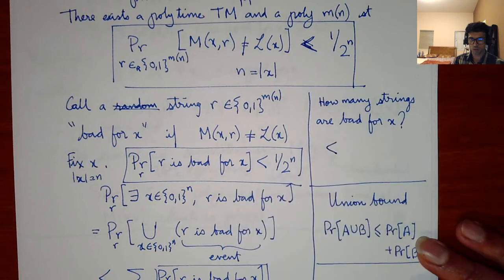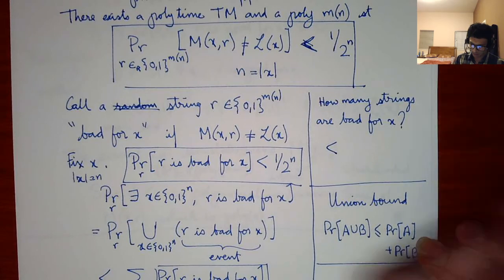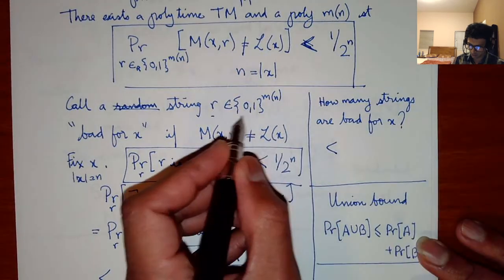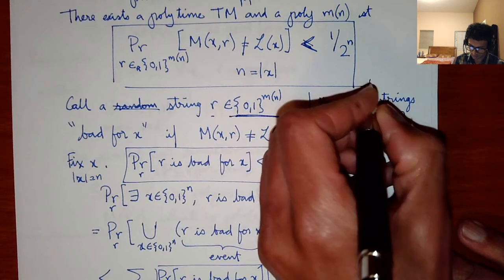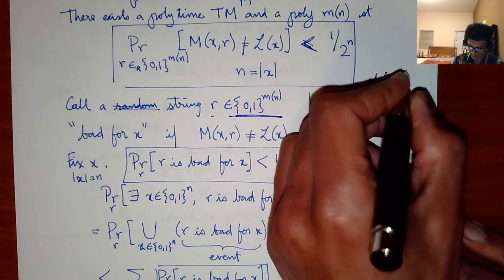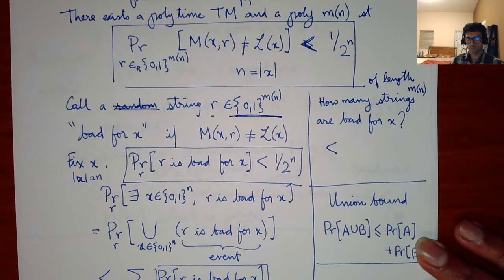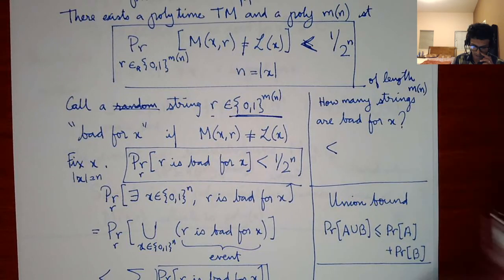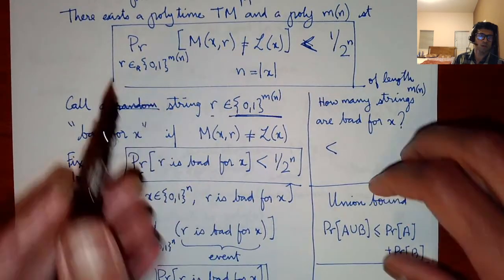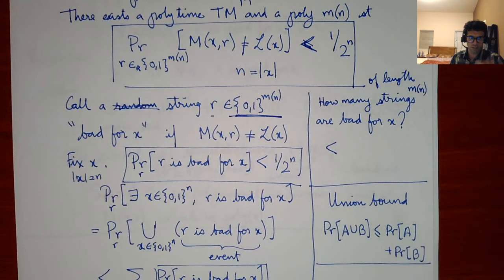At most what? Anyone want to hazard a guess? By the way, by string, I'm thinking of strings of length mn. So what is the total number of strings of length mn? So it's like, what is the total number of options for the random seed? It's 2 to the mn.